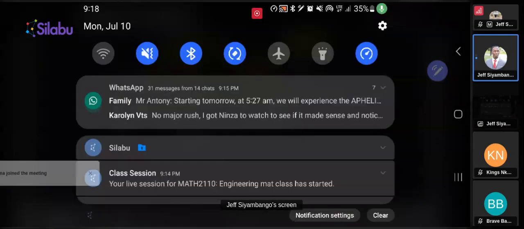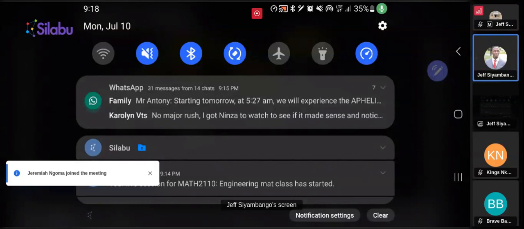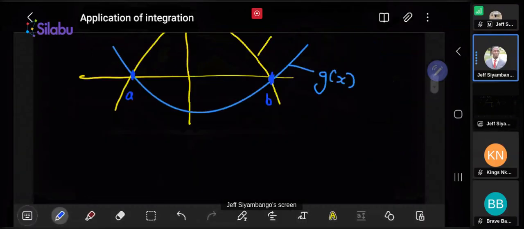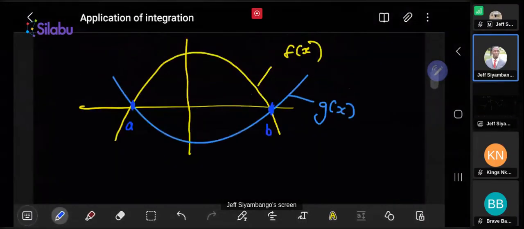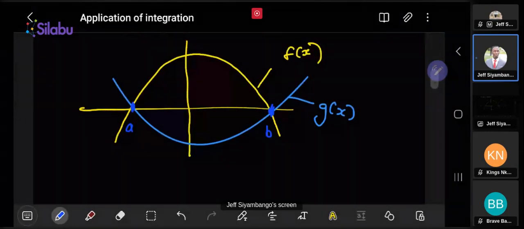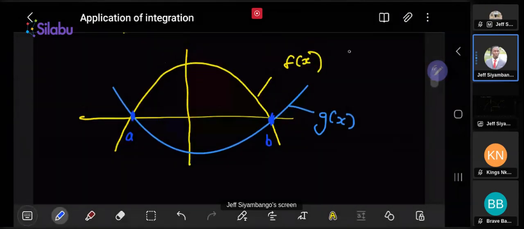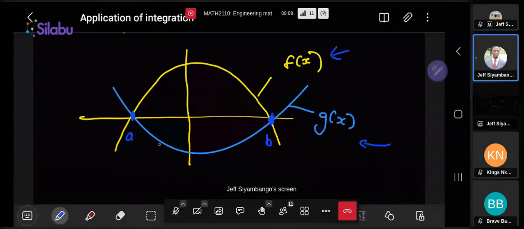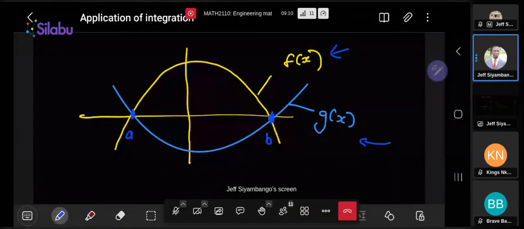If we wanted to find the area that is enclosed by the two curves and that is bounded by the points A and B, then we can easily evaluate what that area is.